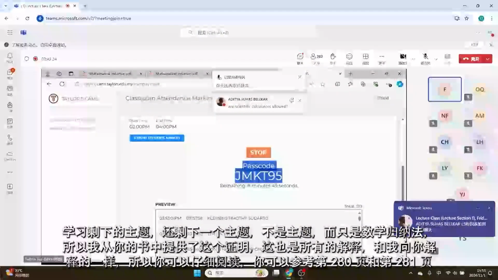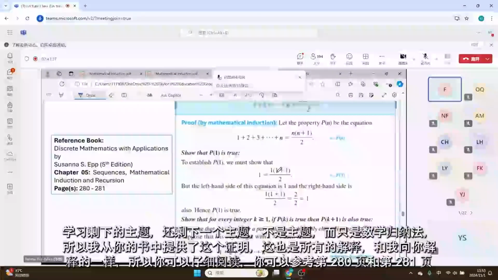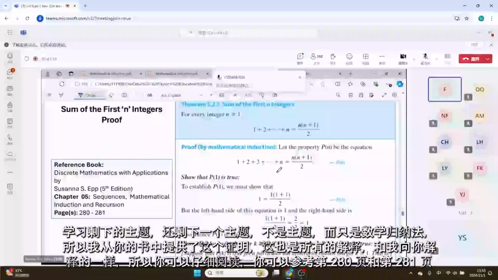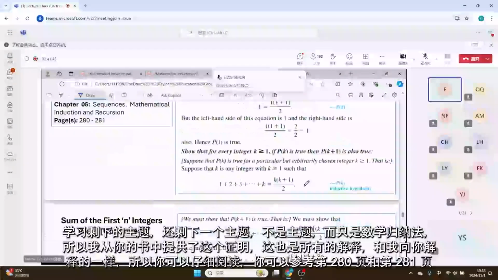It's up to you how you study for the remaining topic. There is one topic left, not really a topic, but just one method of mathematical induction. I have provided this proof from your book also, with the same explanation as what I have explained to you.